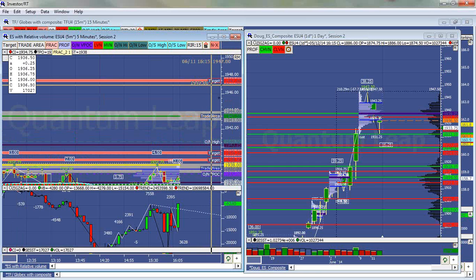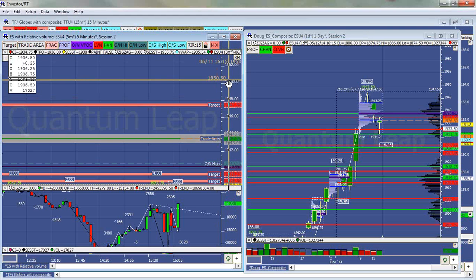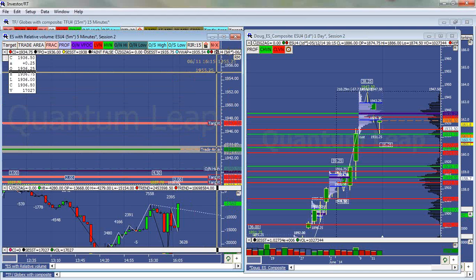Now remember, the market has memory, and one of the reasons why I don't think we're done with higher highs is because we're going to have an all-time high, technically at 1954.75, and that's likely to get tested in the September contract if we hold the 1900s.